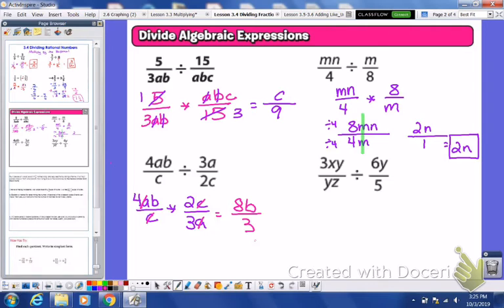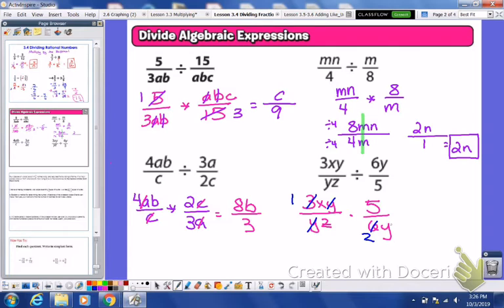So 8b over 3. All right, last one like this, 3xy over yz divided by 6y over 5. So 3xy over yz times 5 over 6y. Go ahead and take care of my numbers first. So 3 is divisible by 3 for 1, 6 is divisible by 3 for 2. And I see a y and I see a y.